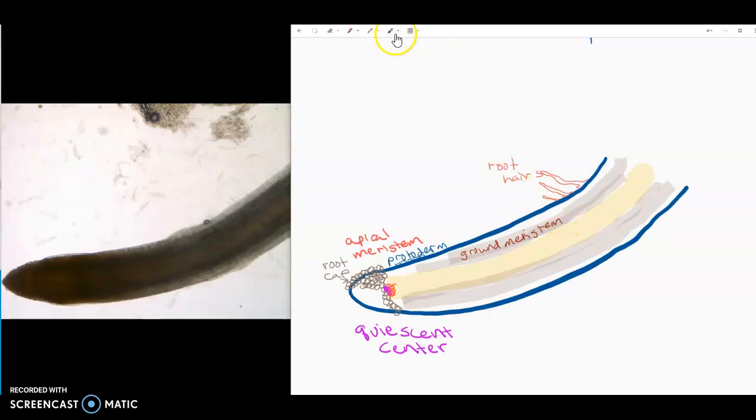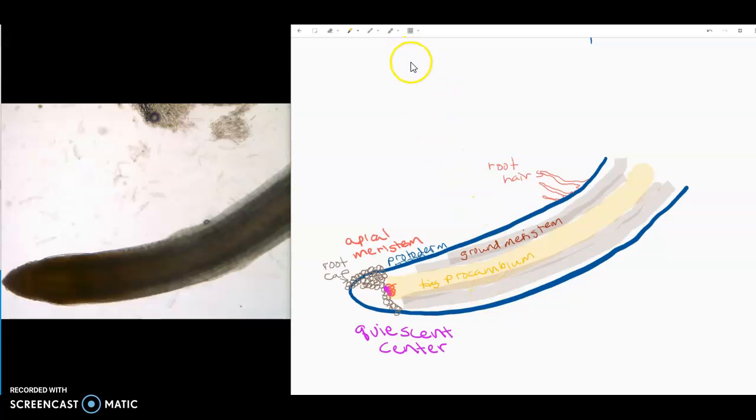And these are cells or regions, tissues, that are similar to what we saw in the shoot apical meristem. And then the center here would be the procambium, or the protovascular tissue. Okay. That central core.